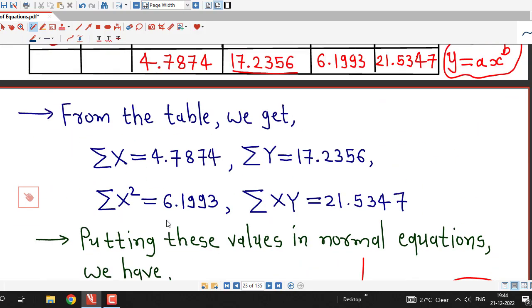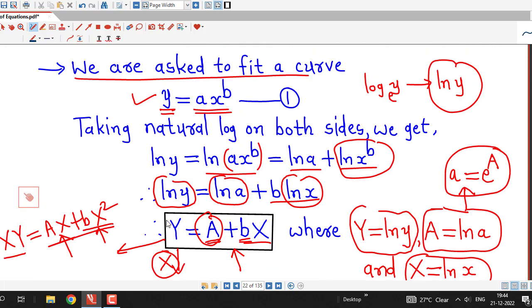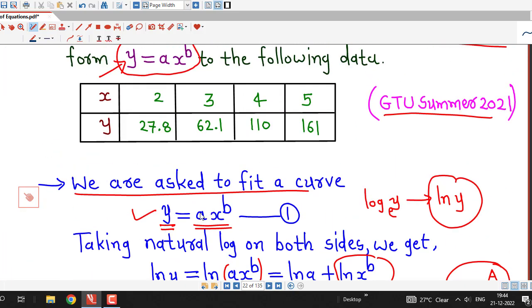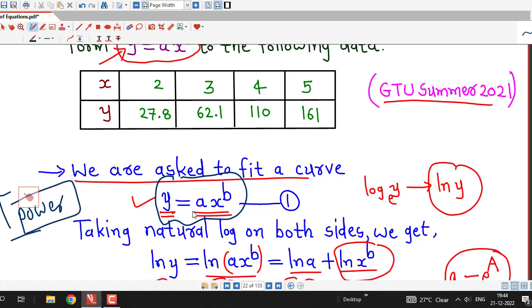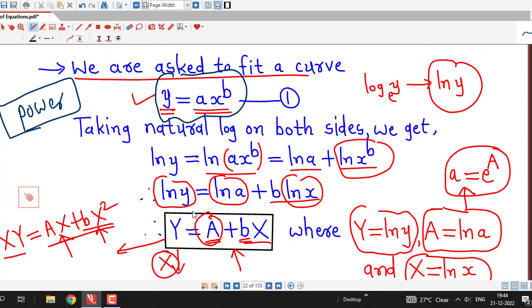So in this lecture we have discussed how to fit a curve of the form y equal to a times x raised to b, where a into x raised to b is the power function, and we can see this is very easy. We just have to take logarithm, and using the properties of logarithm we are transforming our curve into the straight line, and we know how to find out equation of straight line solving normal equations.